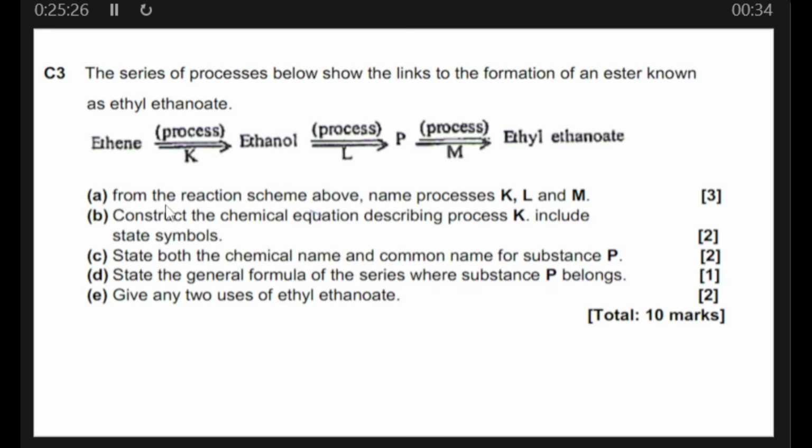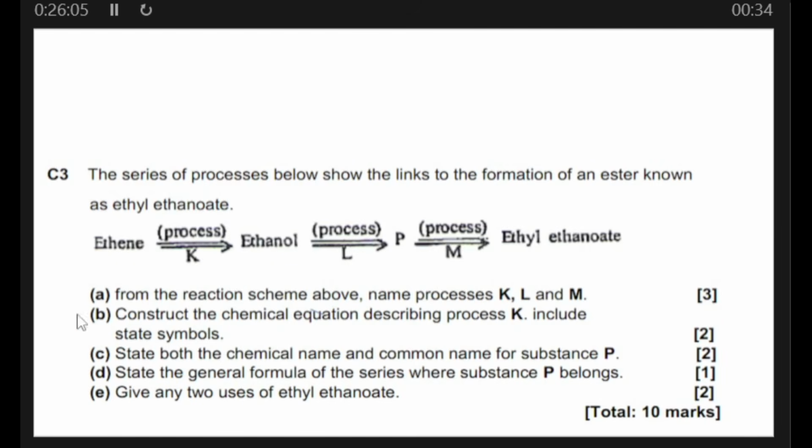Then they're saying from the reaction scheme above, name process K, L, and M. Then B, construct the chemical equation describing process K. Include state symbols. C, state both the chemical name and the common name for substance P. D, state the general formula for the series where substance P belongs. Then E, give any two uses of ethyl ethanoate. So let's start with this one.